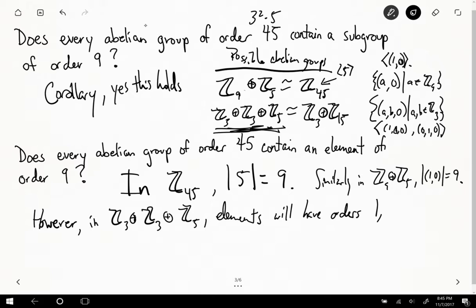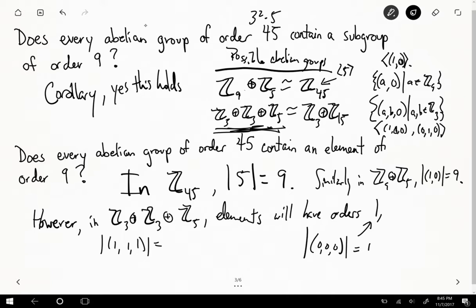Well, 1 if it's the identity, right? The 0, 0, 0. So just so you can see, you'd have 0, 0, 0. Notice, if we did 1, 1, 1, what does this have for its order?